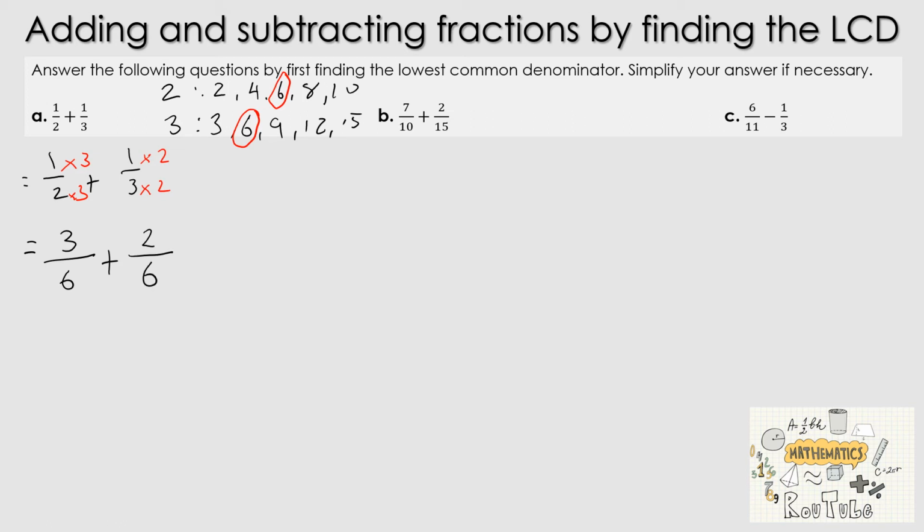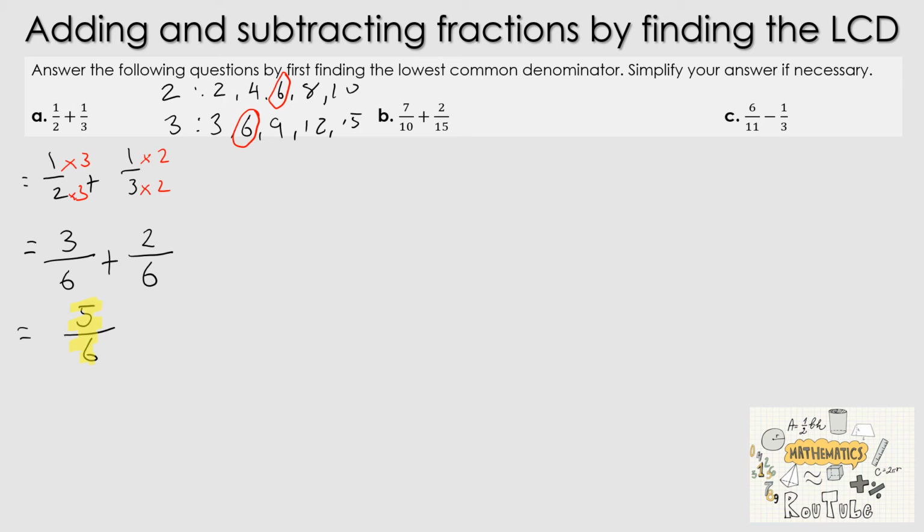We're much happier now because we have the same denominator, and we can simply do what we've done previously, which is to leave the denominator the same and then just add or subtract. In this case, we're going to add the numerators together. So it's going to be 5 over 6. Now, is there a value that goes into both 5 and 6 that's not 1? Well, no, there is not. So therefore, that means 5/6 is the final answer.